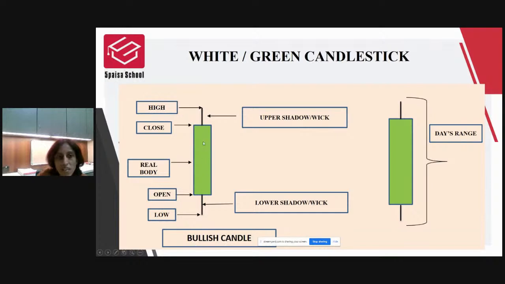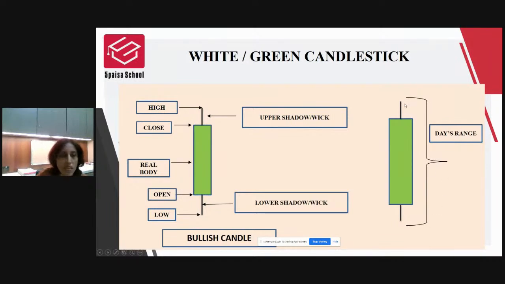Remember, the real body color can either be white or green, depending upon the kind of software you're using. On the right hand side of your screen, what you see is the day's range. What does the day's range reflect? The highest price and the lowest price.